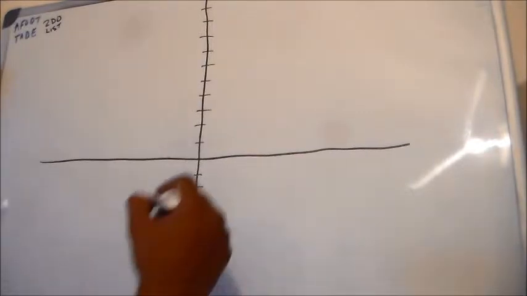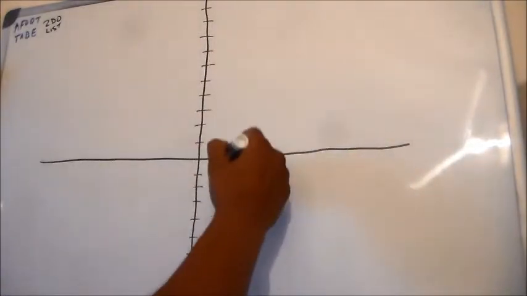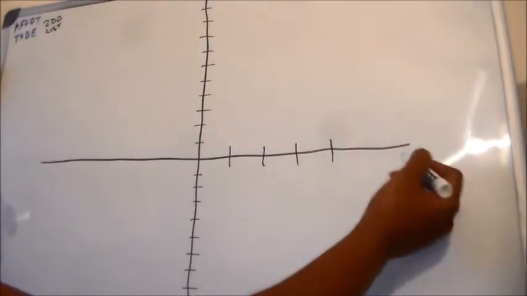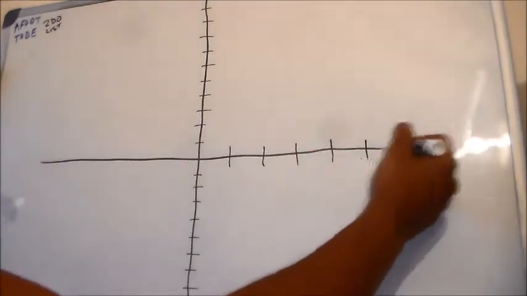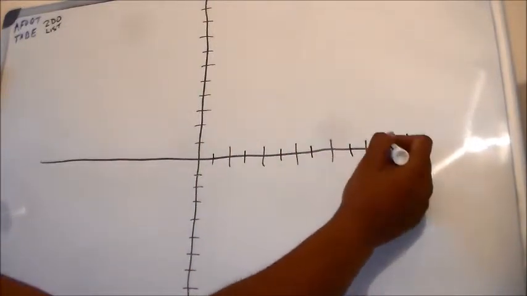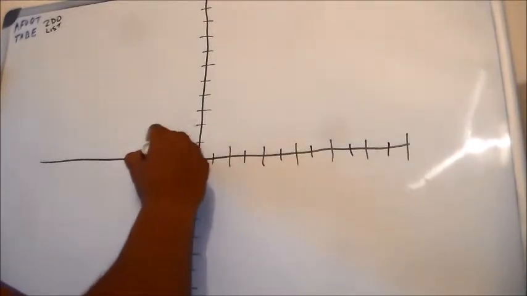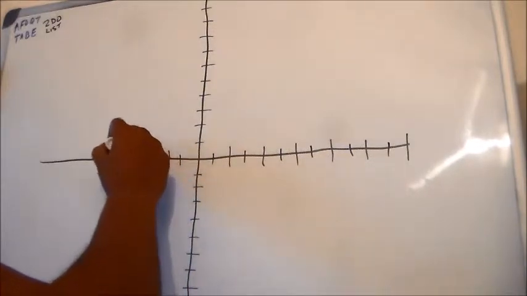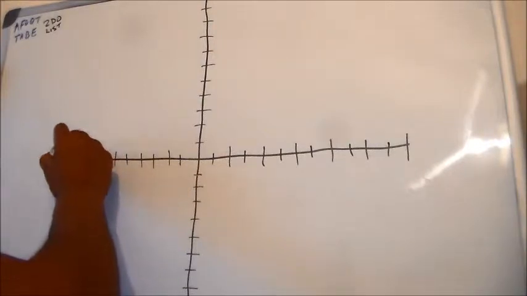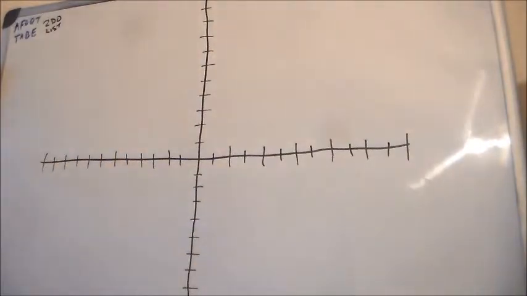These x and y axes are just number lines. And when we're talking about the plural of axis, we call them axes. What do you guys think about that? Pretty decent, huh?